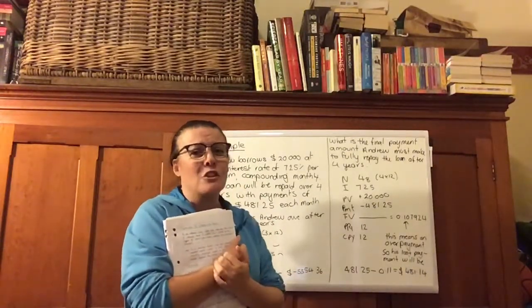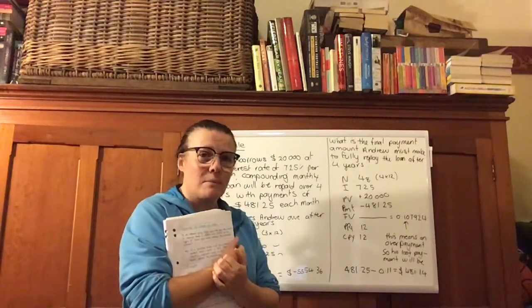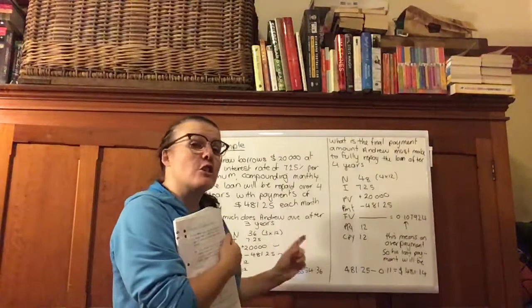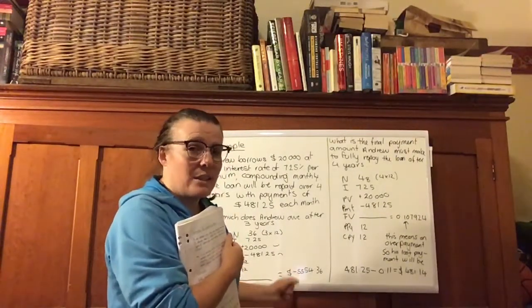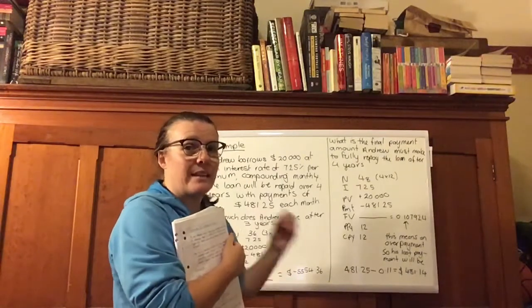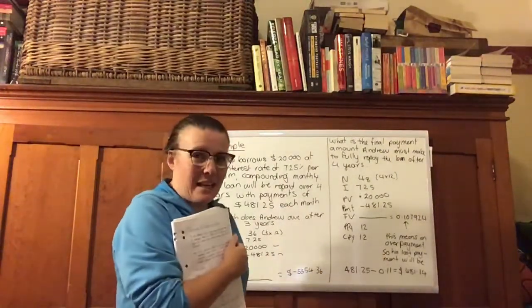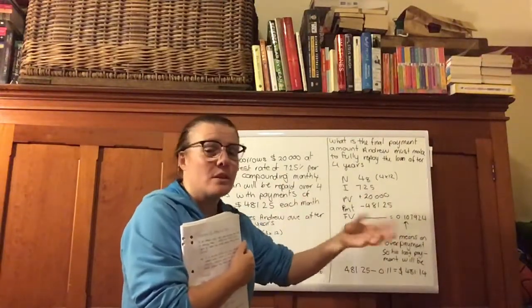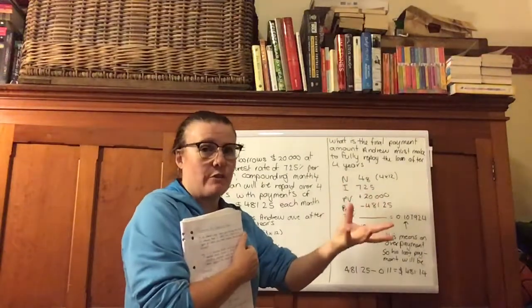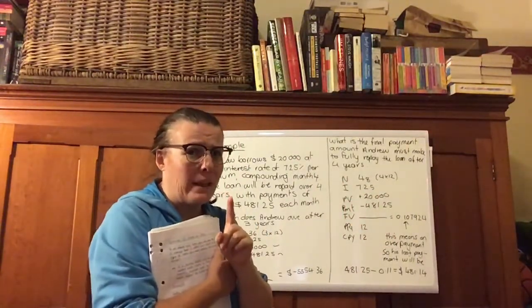If you do that, you just got the question wrong and you're going to lose marks. So the financial solver shows it to you as a negative because he still owes it. That's what the negative represents, the fact that he owes the money. When you state your answer, you will show it as a positive and say he still owes $5,554.36. Really important point, that one.